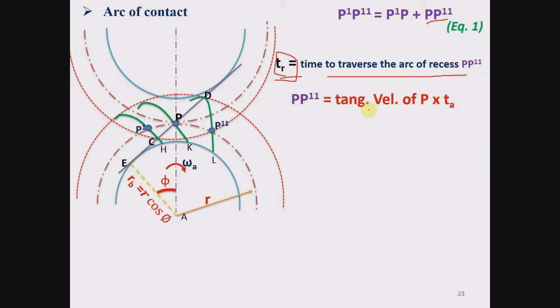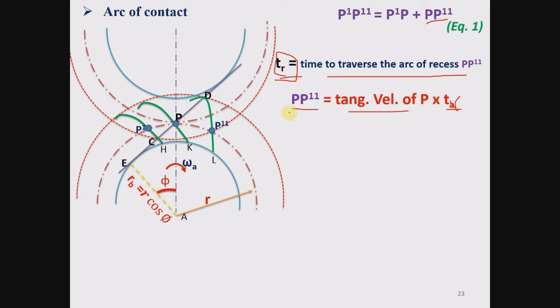Now we'll go by the same analogy. Distance is equal to velocity into time. Distance P double dash is equal to the tangential velocity of point P while it is moving along the circular arc, into the time required, TR, for covering the arc of recess.